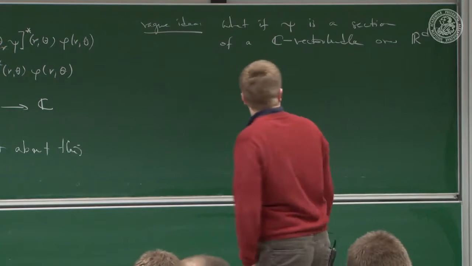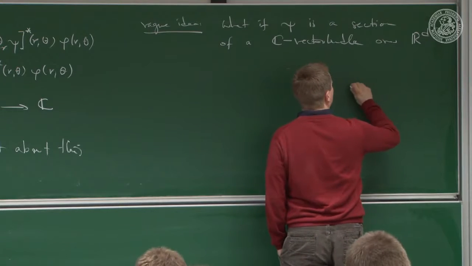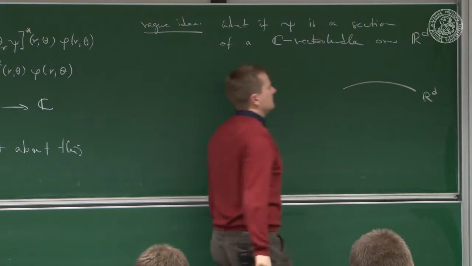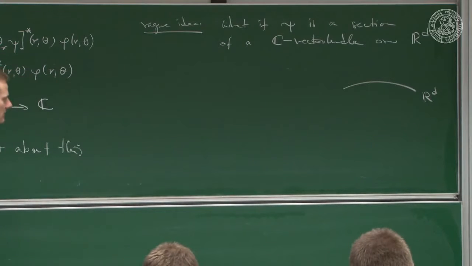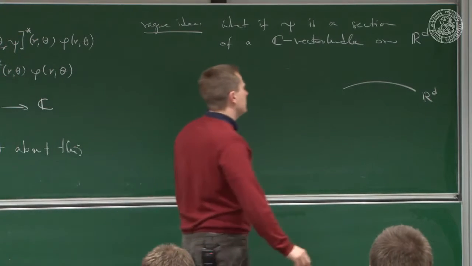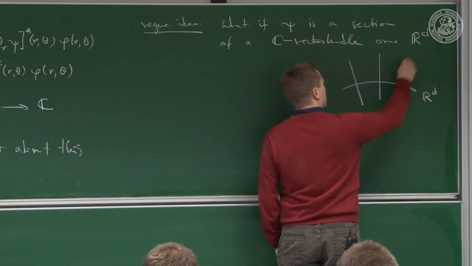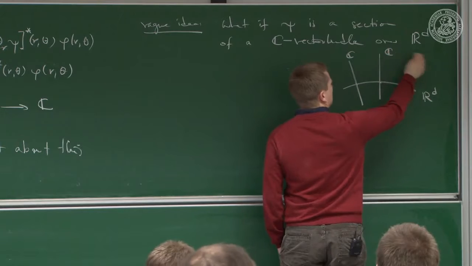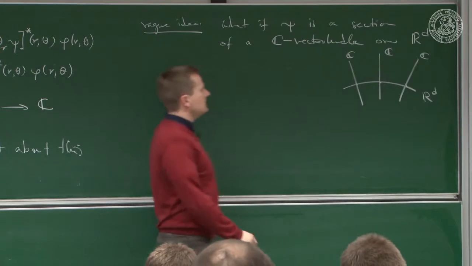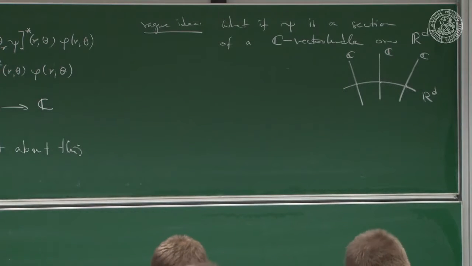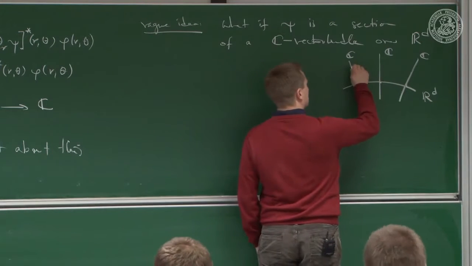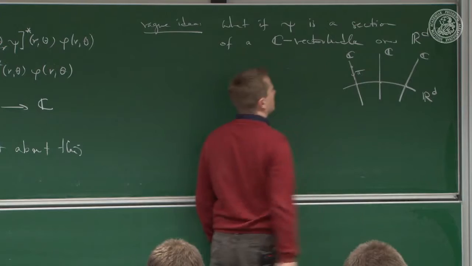Okay, so the idea would be that if this is R^d, which I just draw in one dimension, of course you can also do this in one dimension, then at every point I could attach a fiber, which is the vector space C. It's a vector bundle with suitable bundle projection and the whole shebang, right?